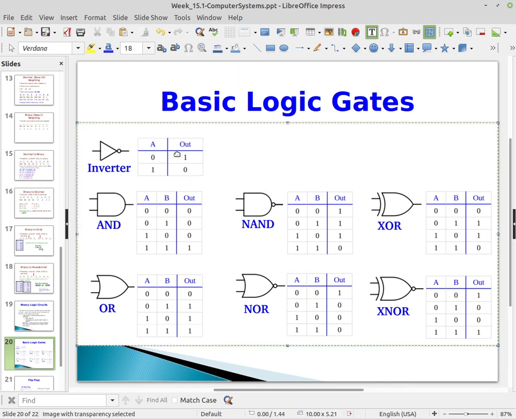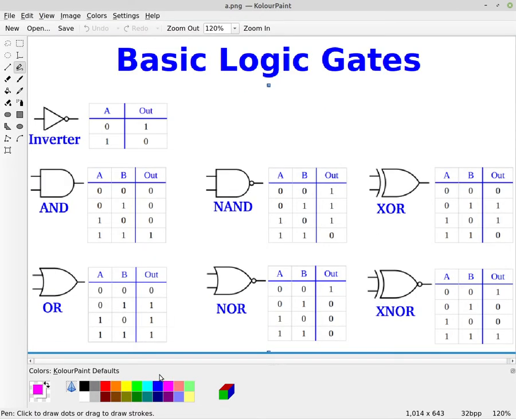All right, so we use the truth table to describe the logic gates. So the first logic gate is called the inverter, or sometimes called the NOT. So if we have a bit coming into this gate, well, let me do it like the table.